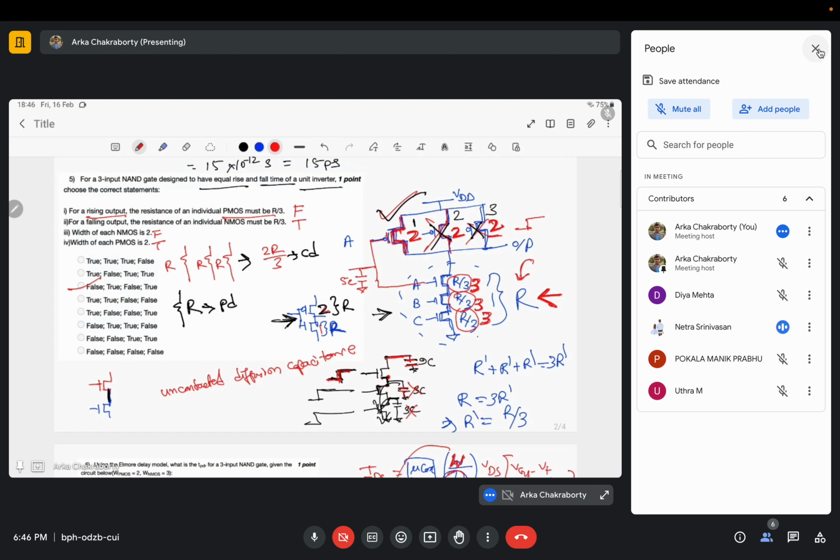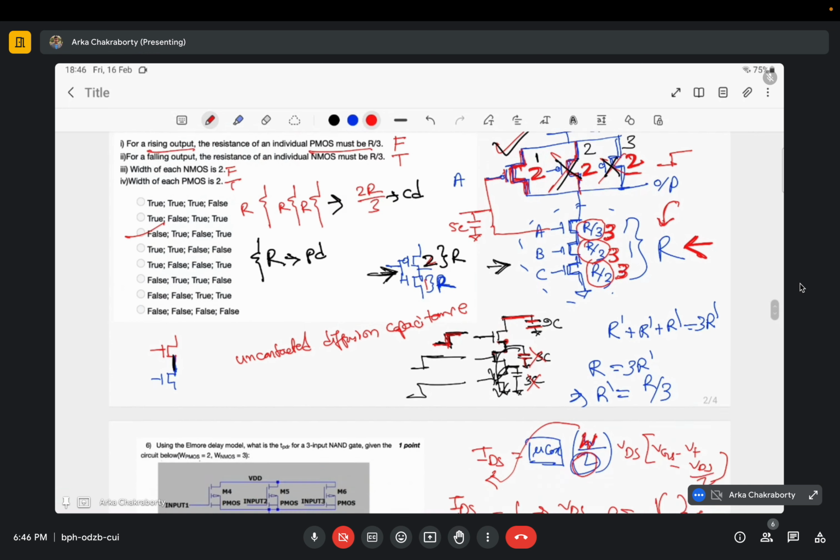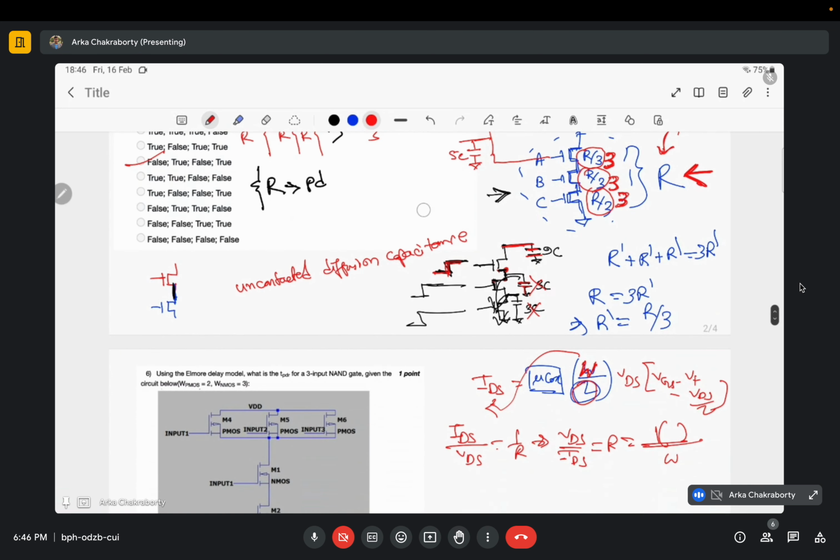See, here a unit inverter is present. Agree with me?